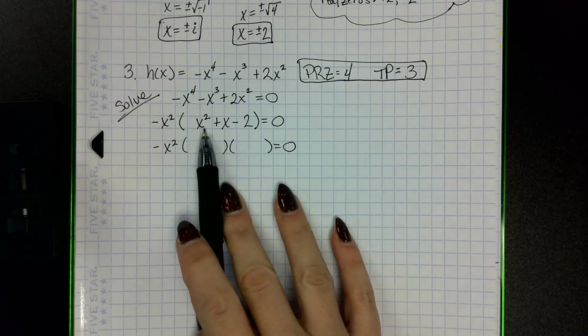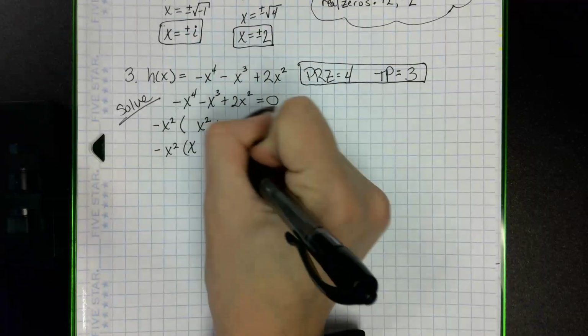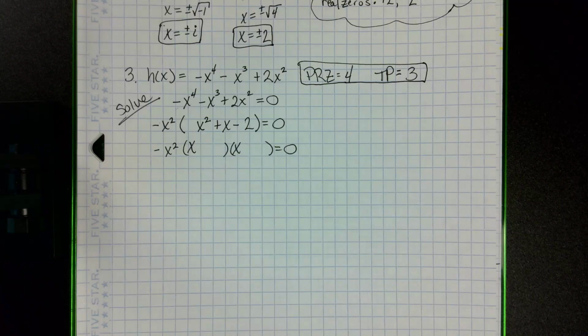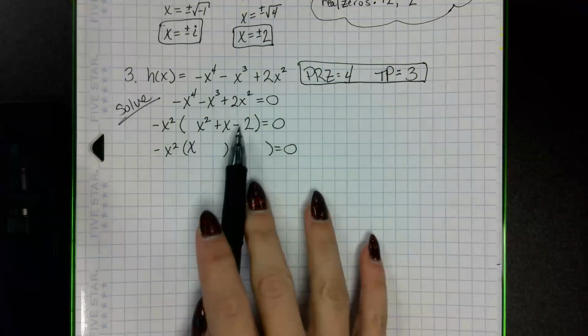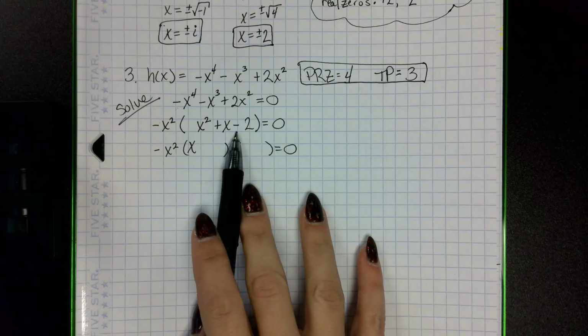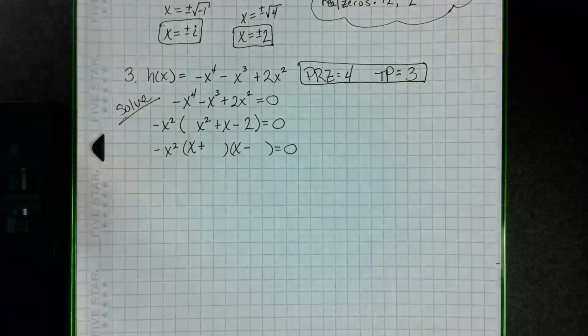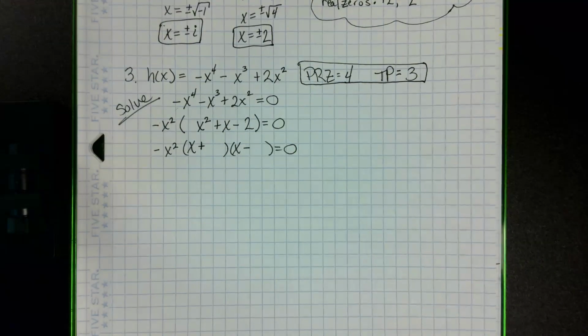My lead degree is 2, so I have x squared, so I'm going to split up my x squared into x and x, because x times x gives me x squared. To figure out my symbols, plus or minus, I look at the second symbol. It's negative, so that tells me they're opposite. I have one of each. So I'm just going to fill them in. It doesn't matter which one you make positive and negative, as long as you put the correct number with it.